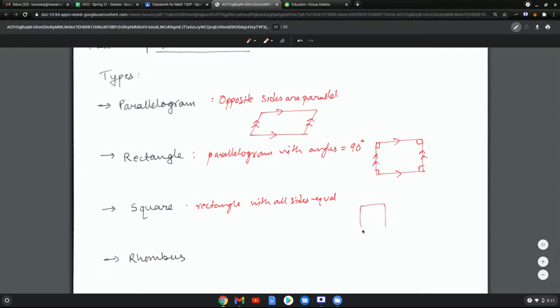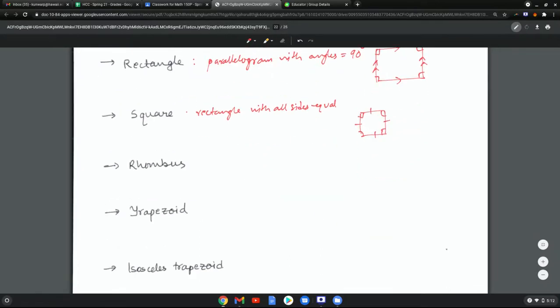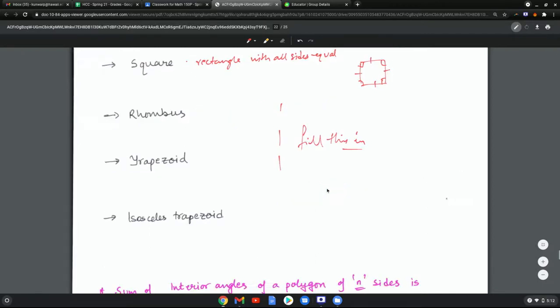Okay, so you take a square, these are all equal, and this is 90 degrees. And then so on. So over here, I would ask you to fill this in. Make sure you read it from the book before you go ahead in the video because we will be talking about trapezoids.